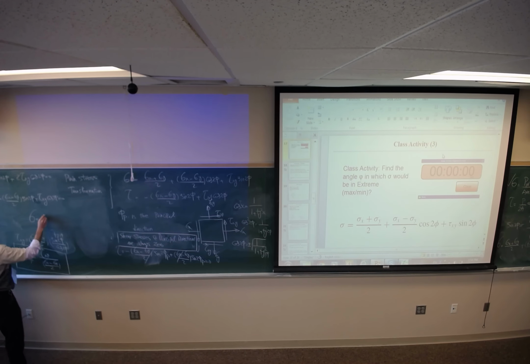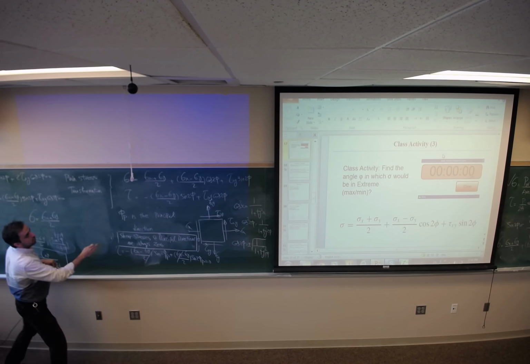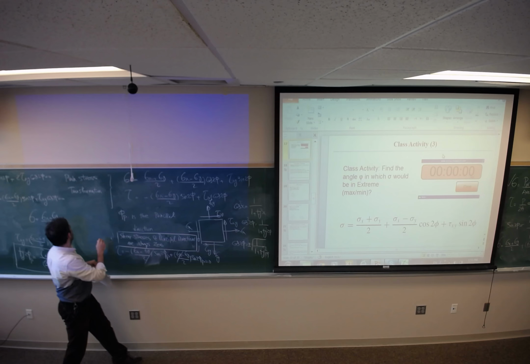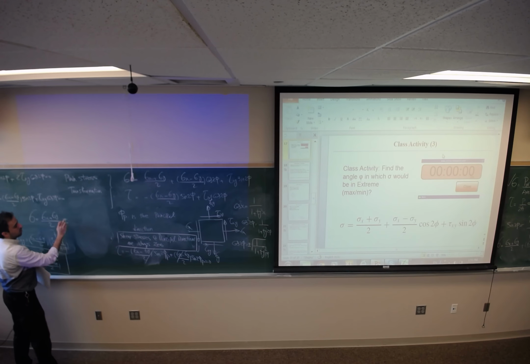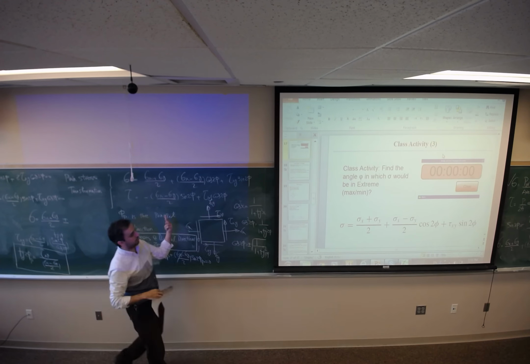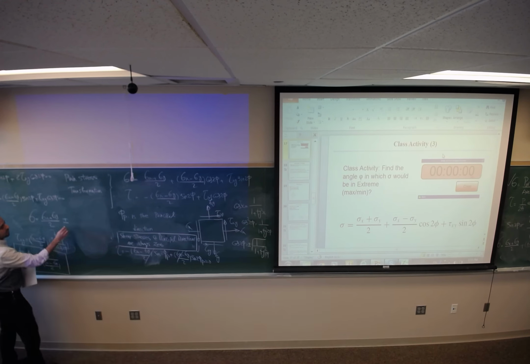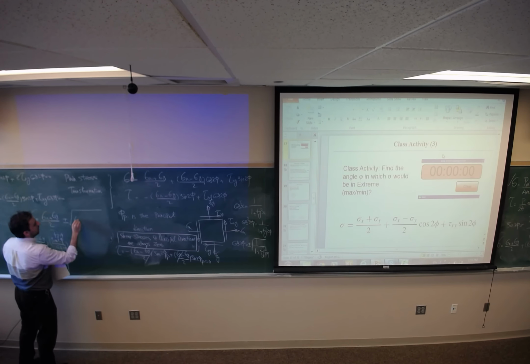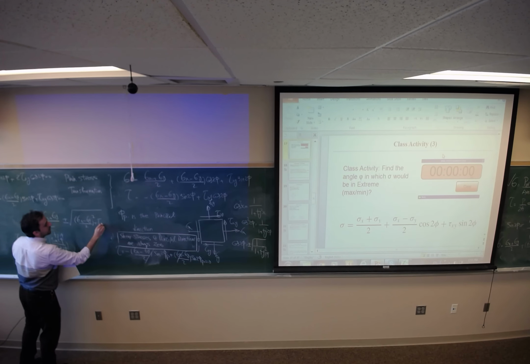Sigma is going to be sigma x plus sigma y divided by 2, plus and minus this term. One is corresponding to one principal direction because we are going to have two principal directions. The other one is corresponding to the second: the square root of sigma x minus sigma y divided by 2 squared plus tau xy squared.